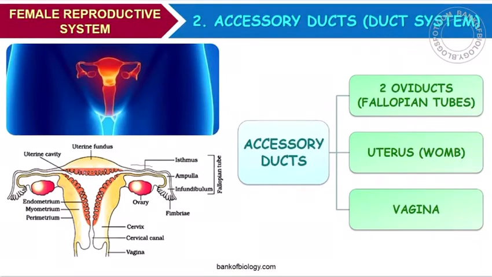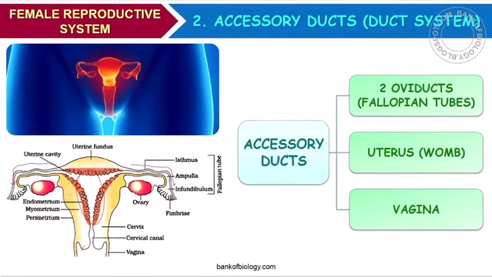Then the accessory ducts, the tube-like structures, of which we said there are three. The first one is the fallopian tube or oviduct. This entire thing is the fallopian tube, this is the right one and this is the left one, so a pair of fallopian tubes.